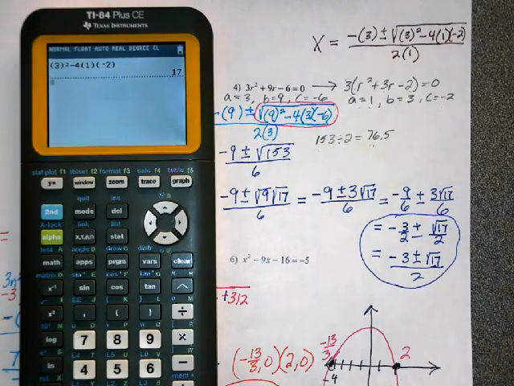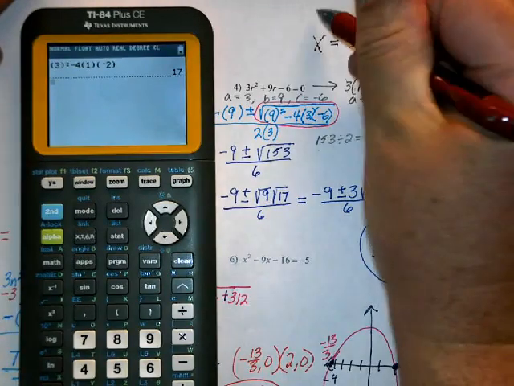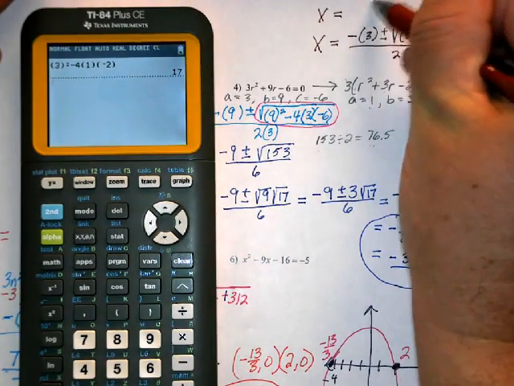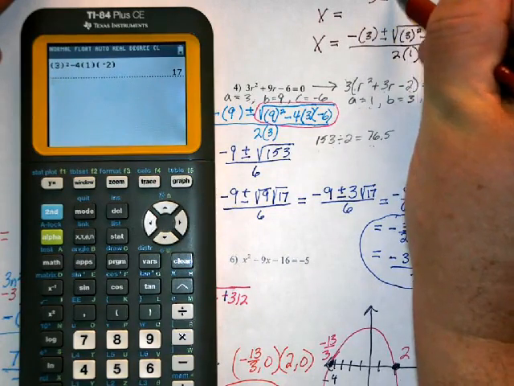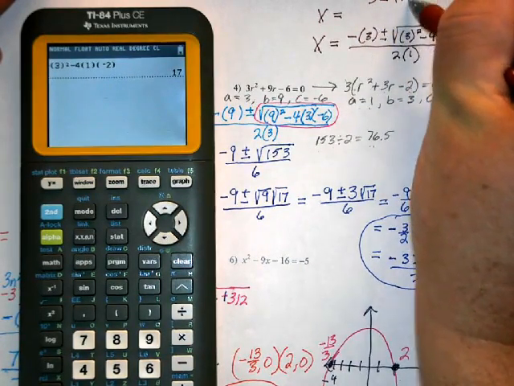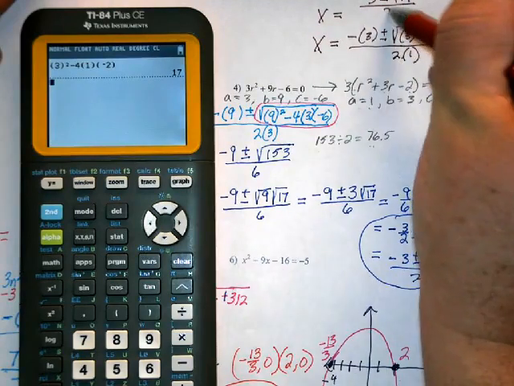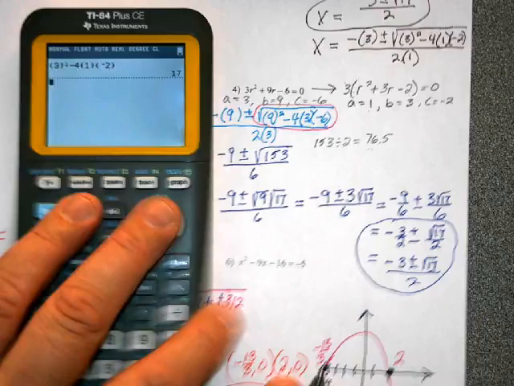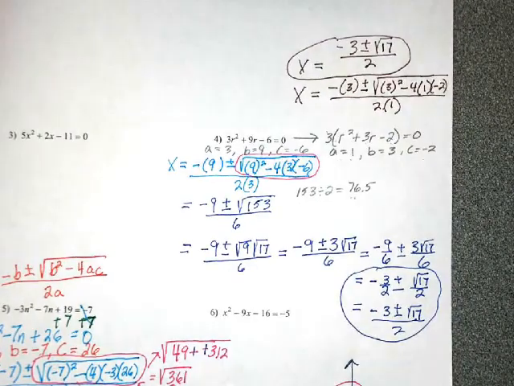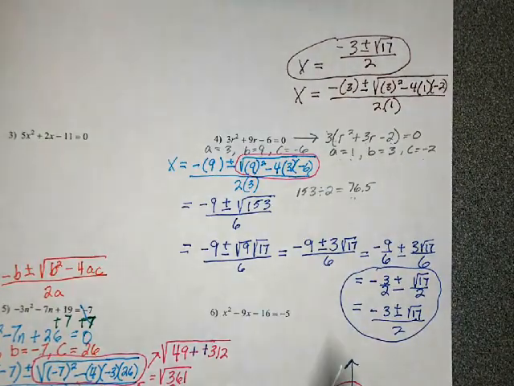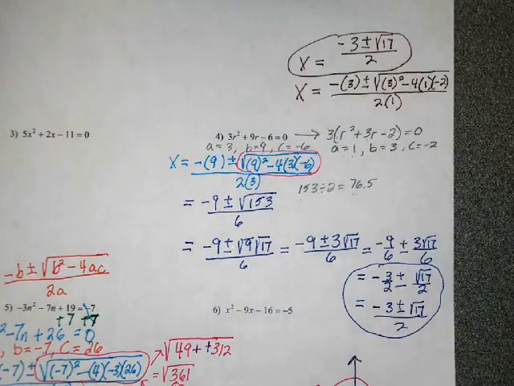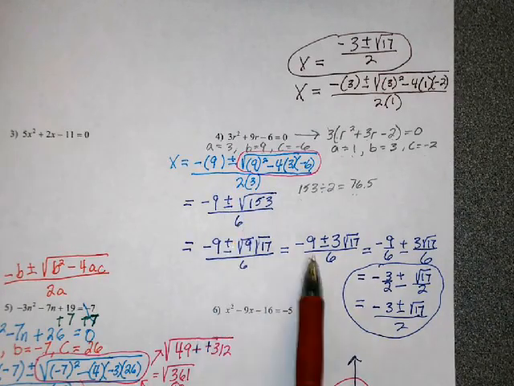So this becomes x equals negative 3 plus or minus the square root of 17 divided by 2. So which one's easier? Yeah, if I would have taken out that factor of 3 before I put it into the quadratic formula. This is a huge mess. It can be done, but it's a mess.